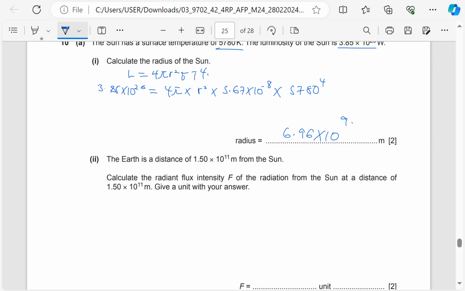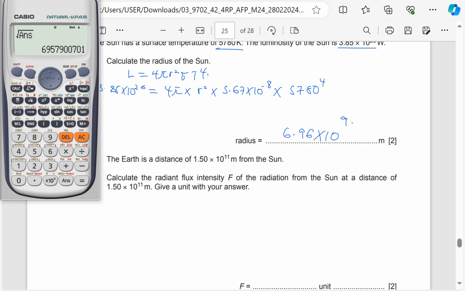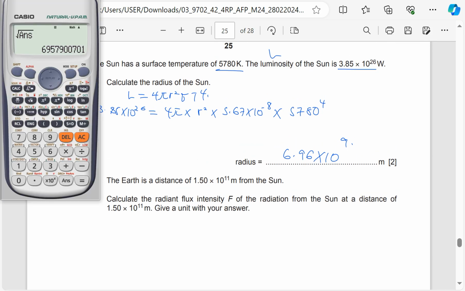I think I used the wrong power here. I have to check this again. This is power 26, not 28. So if it is power 26, 3.85 exponent 26 divide by 4 pi times 5.67 exponent minus 8, divide by 5780 power 4.